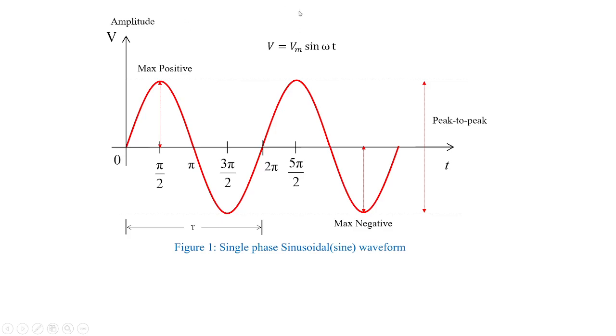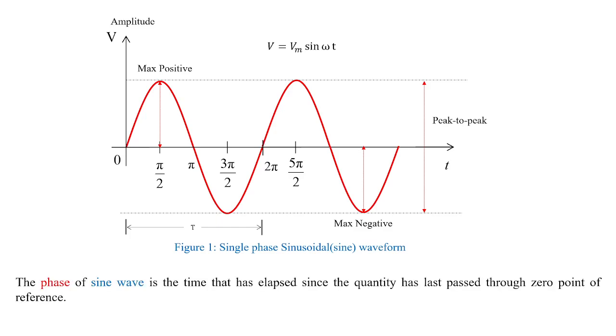So for a sine waveform with instantaneous value V, given by Vm sin omega t, you should remember this concept in your mind first before applying it to the three-phase circuit. Anyhow, we'll apply this single phase waveform to resistor, inductor, and capacitor, and then we'll combine the passive elements.